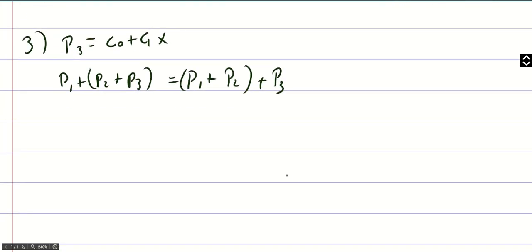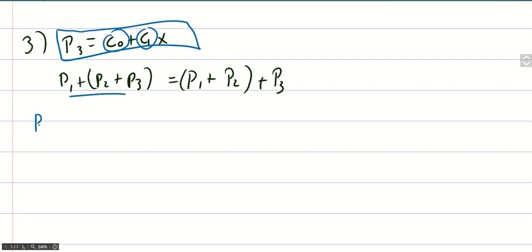the next is related with the associativity property, and for that we need to define a third polynomial whose only difference is that the coefficients are going to be determined by the letter c. So let's start with the left hand side of this expression. So (p1 + p2) + p3 is equivalent to a0 + a1x, and these two vectors are summed.